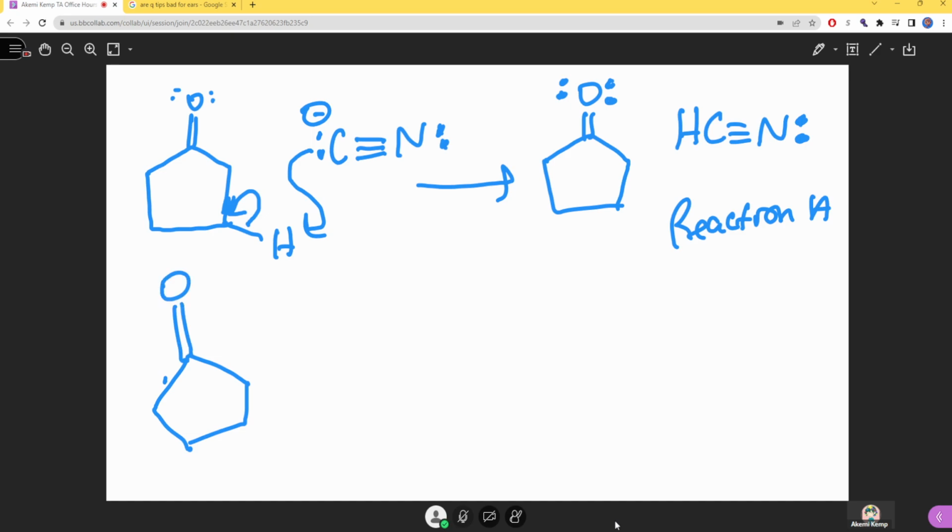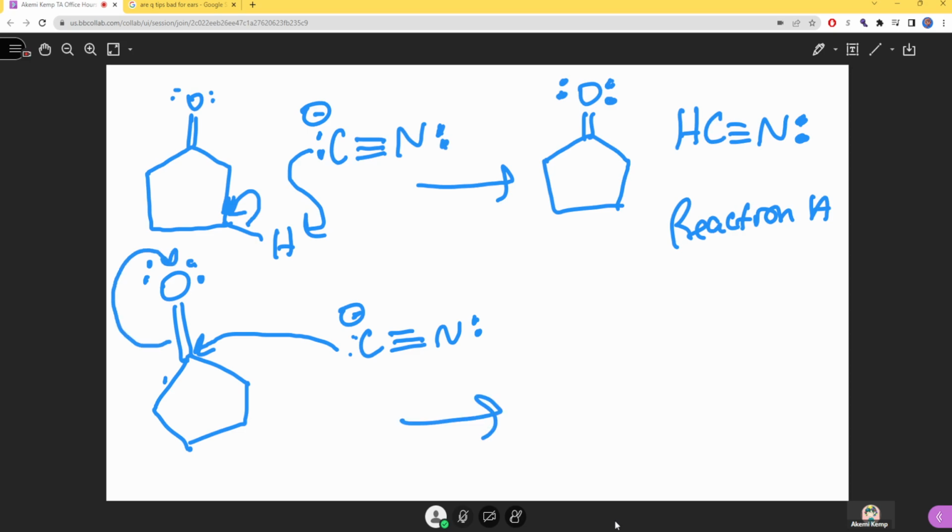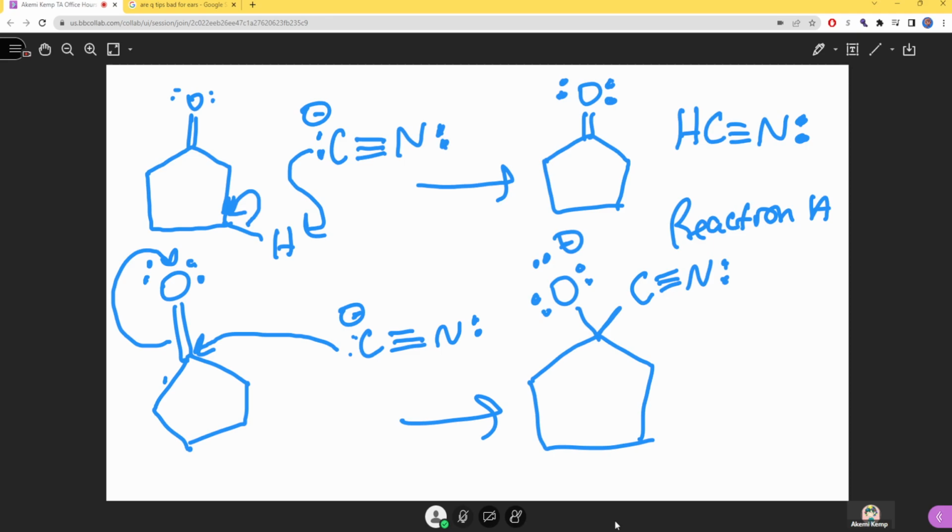So you have your carbonyl, then you have your cyanide, and it had attacked, electrons push carbon here, electrons went to oxygen, and you've opened up the carbonyl, have a negatively charged oxygen, and then your cyanide is attached. So this was reaction B.